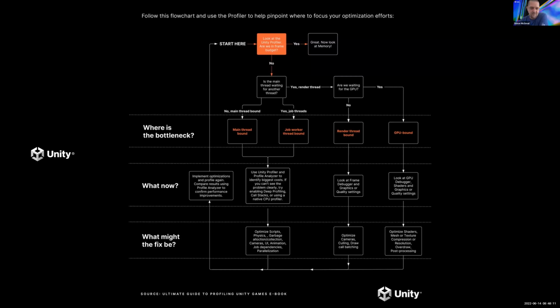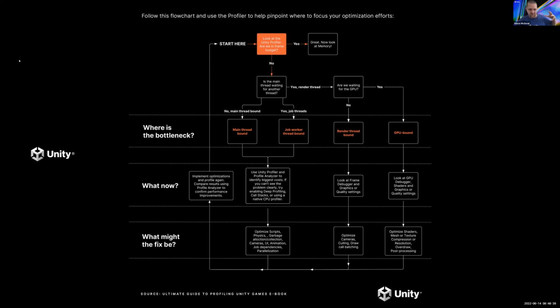But if we're looking at performance, the next couple of sections on that flow chart are about finding out from the Unity profiler where the bottleneck is. Is it the render thread? If it is the render thread, is that because the render thread is waiting for the GPU? Or if it's not the render thread, are we waiting for the main thread? Are we waiting for workers?